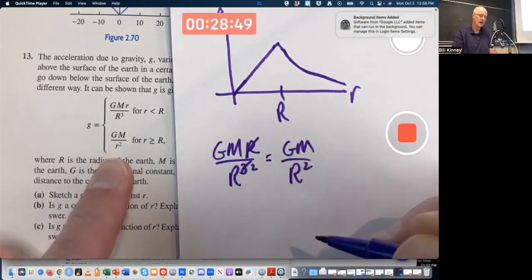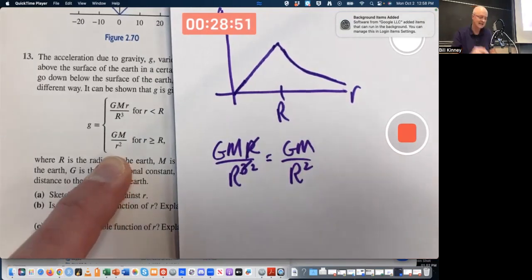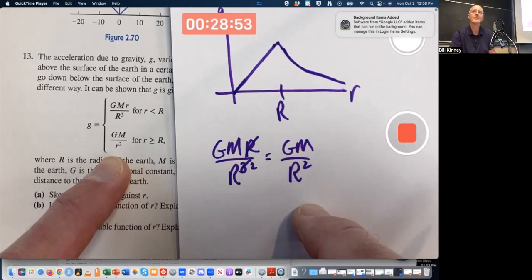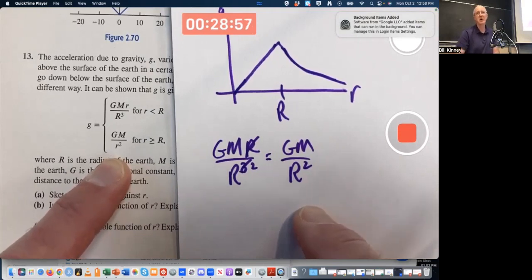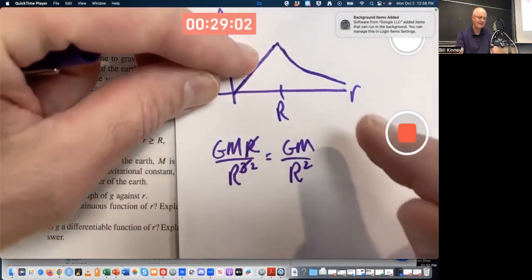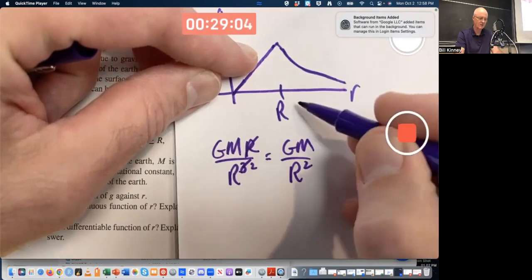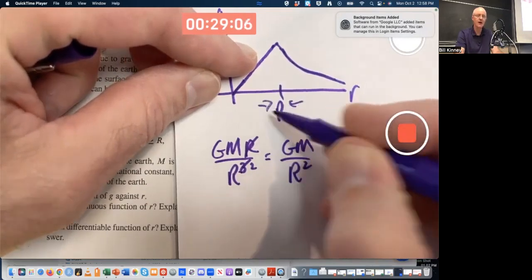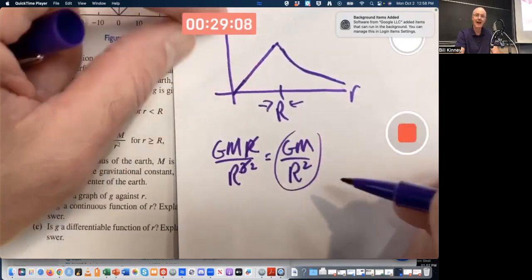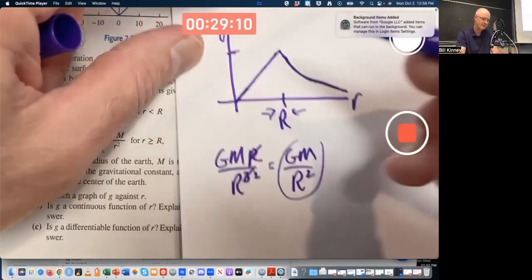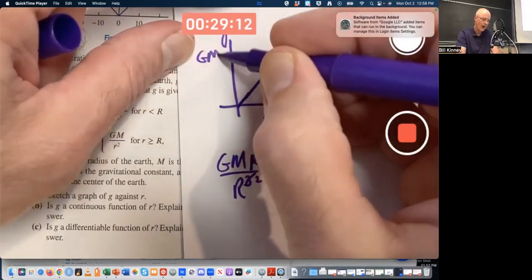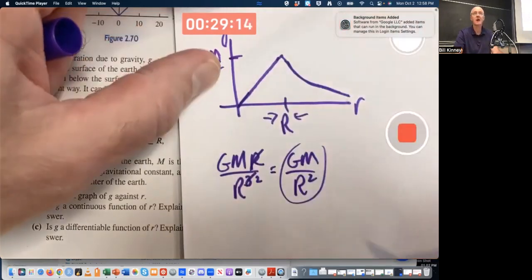And if you plug in little r equals capital R right there, you get the exact same thing. That essentially, verbally, is a proof that the left-hand limit and the right-hand limit as little r approaches capital R, either from the left or right, is the same, equaling that. That's the value of this function when little r equals capital R.